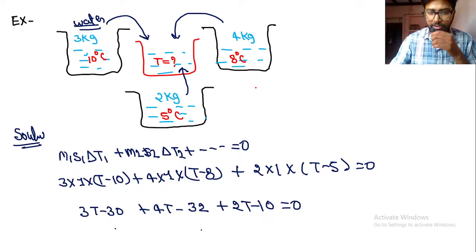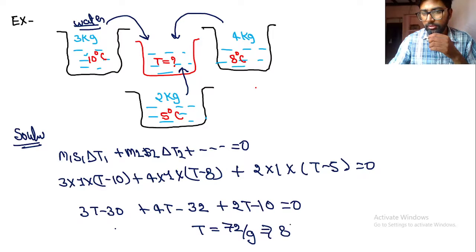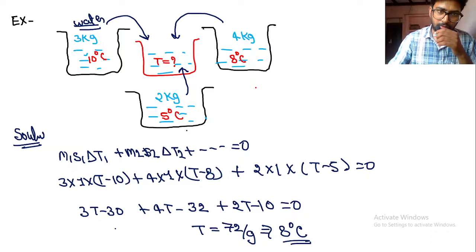The value of T equal to 72 upon 9, that is equal to 8 degree Celsius. It's very simple, but we have to be very careful to apply this formula, because the specific heat of another substance can be possible here.